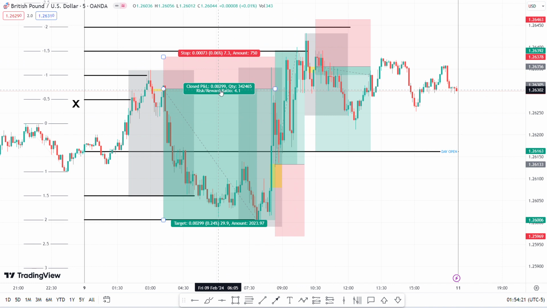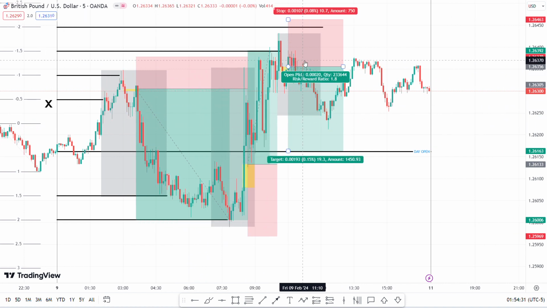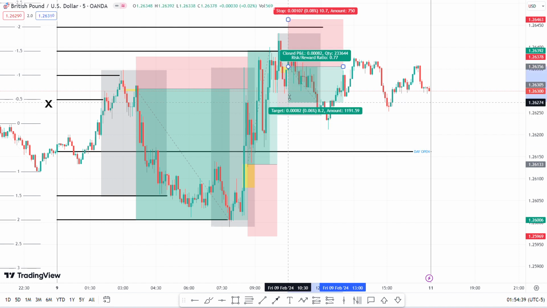Here you have either your stop loss for break even or 0.5%. And then here you'd be in an open position with 0.5% in profit right now.